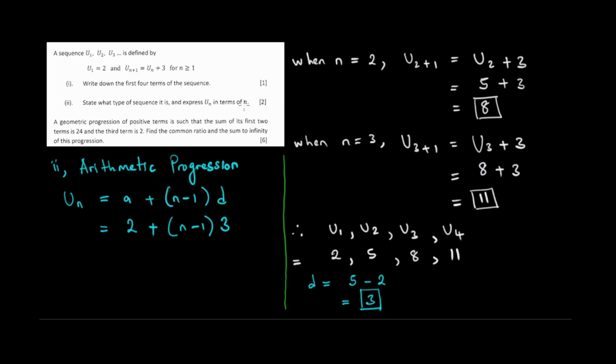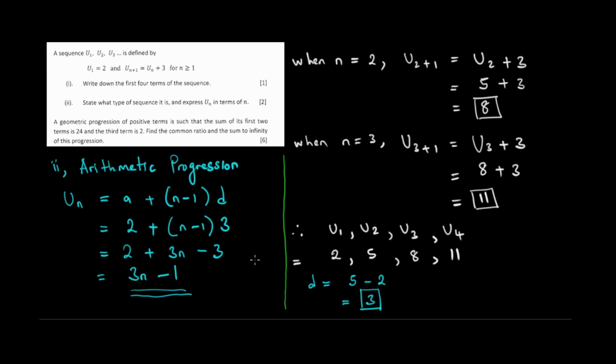Since it is in terms of n, if we simplify this, we get our answer. So this is equal to 2 plus, then here we remove brackets, 3 times n, that's 3n, 3 times minus 1 is minus 3. So we write 3n and 2 minus 3, that is minus 1. So this is going to be your answer. In terms of n, 3n minus 1. That is how you do it. It's as simple as that.